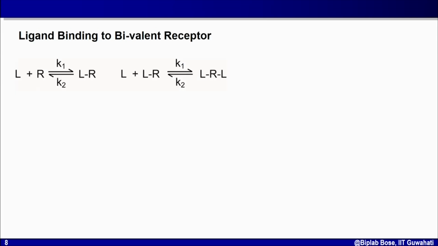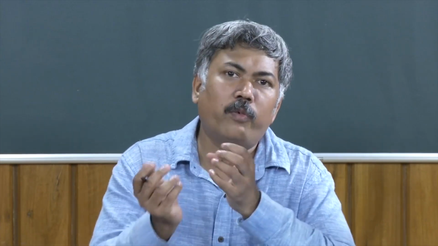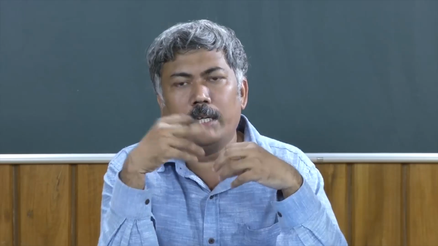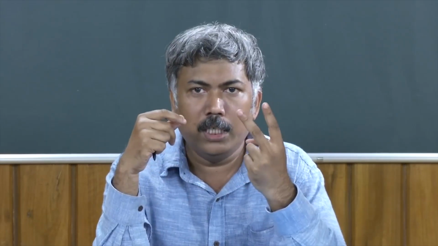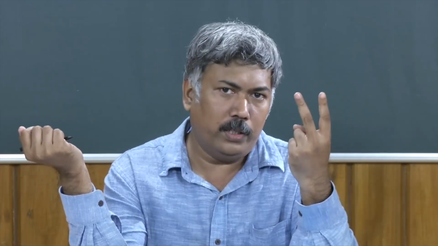What I have discussed till now is binding of a ligand to a receptor. For example, insulin binding to the insulin receptor, or EGF binding to EGFR. But many a time a receptor can have two hands, so my receptor will be called bivalent. For example, an antibody is a Y-shaped molecule.